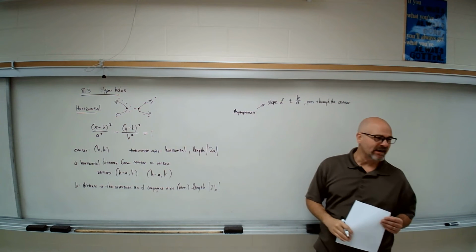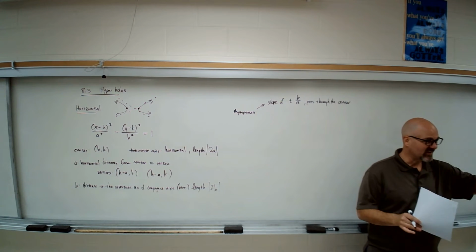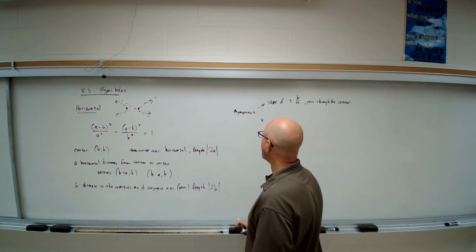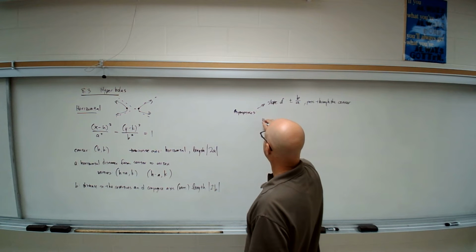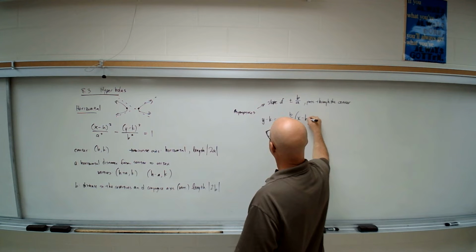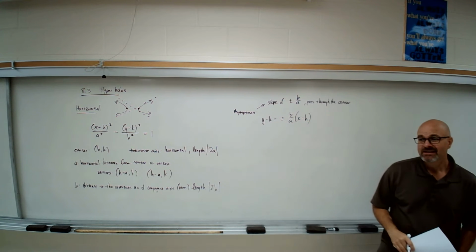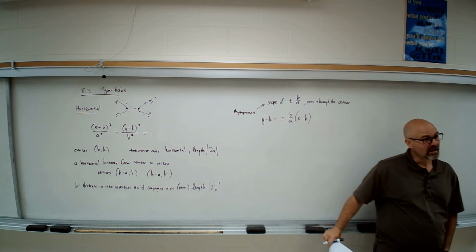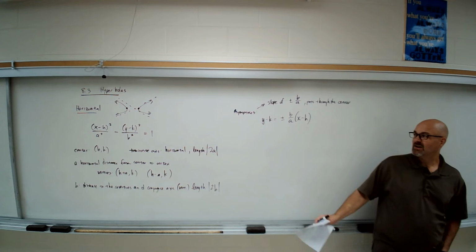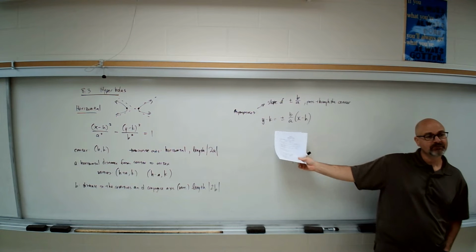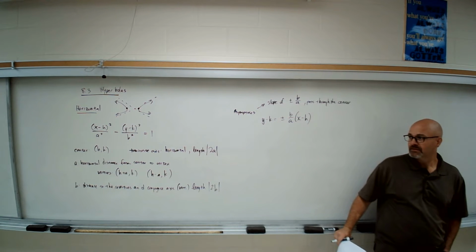Because the center shifted, the equations look a little bit wonky. They're going to be y minus k equals plus or minus b over a times (x minus h). So really it's just a line through the center with a slope of b over a or a slope of negative b over a. So if you have to write the equation, that is going to be the format though. Notice it's shifted h units to the right and k units up.